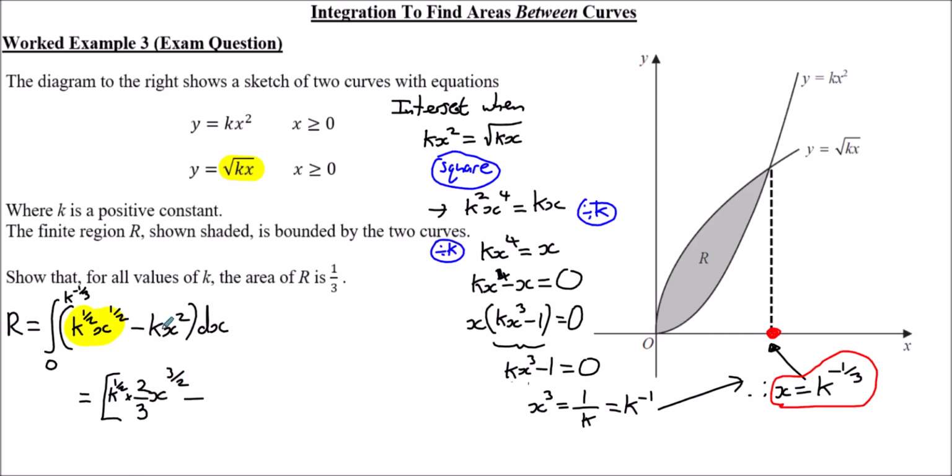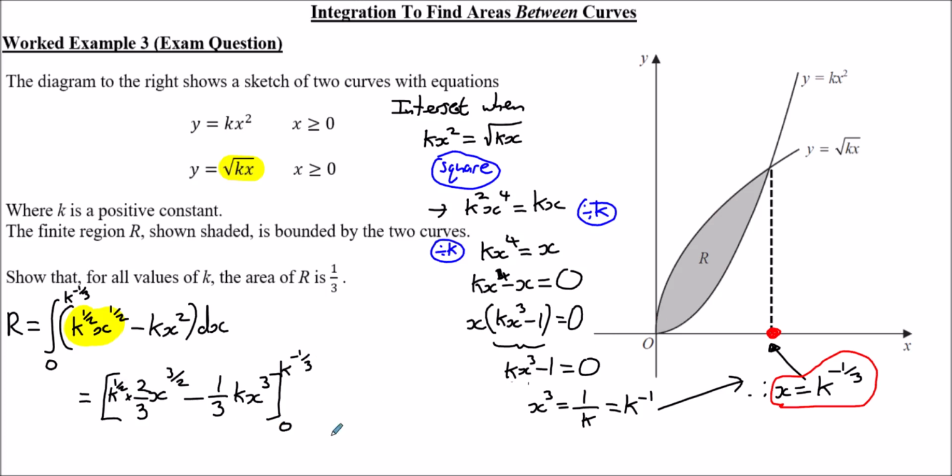Then this one here, kx squared obviously integrates to 1/3 kx cubed. In between the limits, where x is going to be k to the negative 1/3, and the lower limit when x is going to be 0.